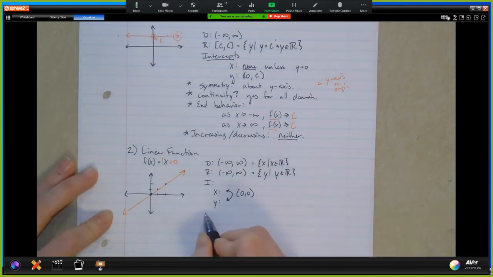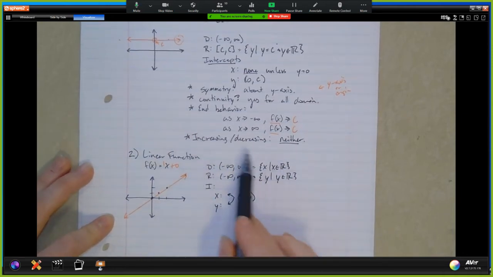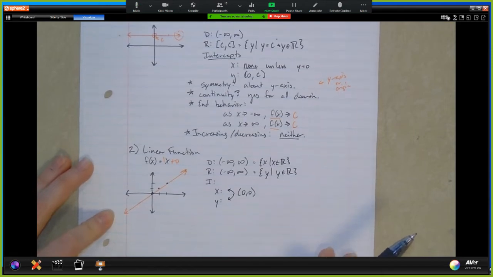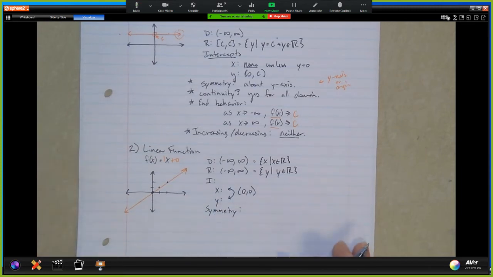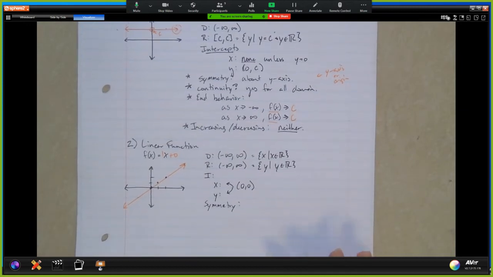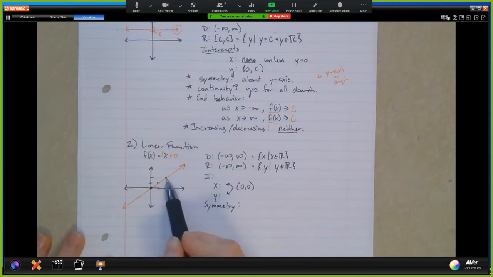Okay. So then again, our newer questions. These are questions that we have done a lot in pre-cal or in algebra 2 and algebra 1. The newer questions are symmetry. Is it symmetric about the y-axis or is it symmetric about the origin? That question would be, if we reflected over the y-axis, will we get the same graph? Or if we take a point and rotate it 180 degrees, will we land on the graph again?